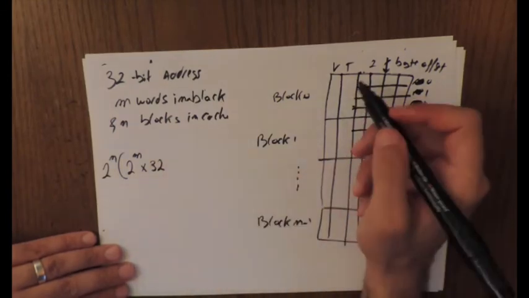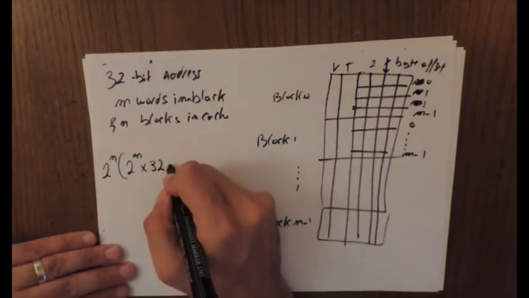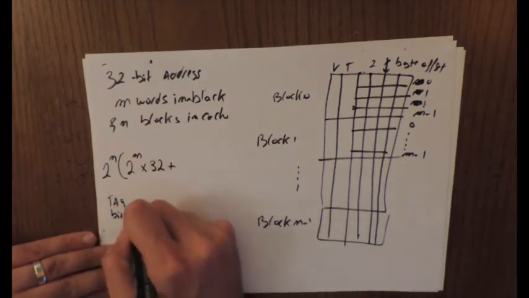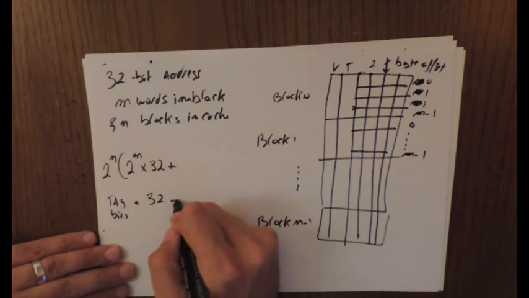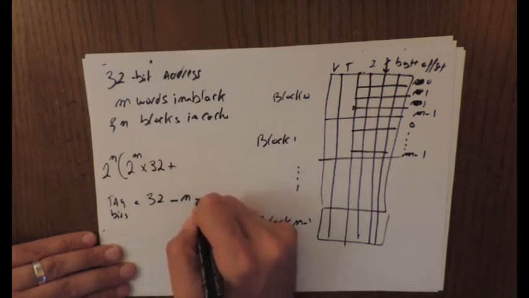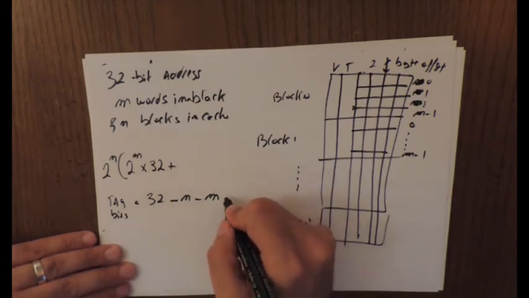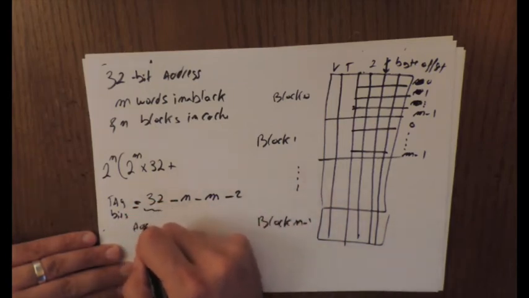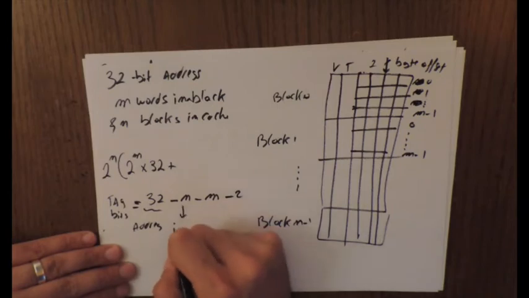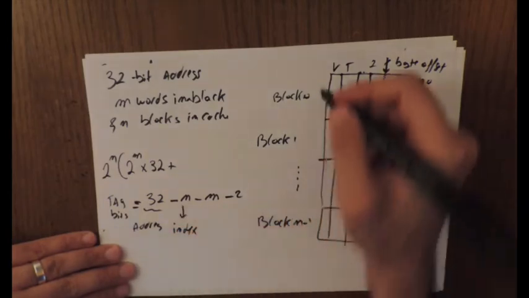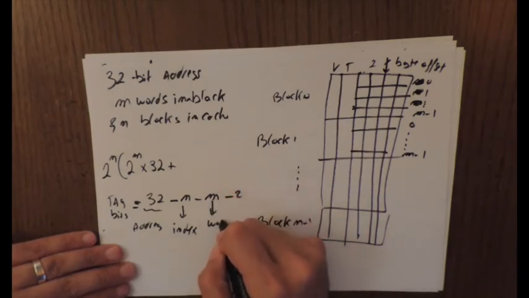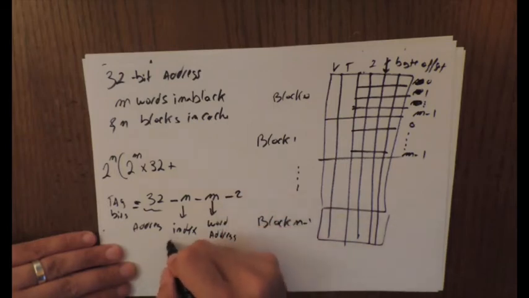And then I have the valid and the tag. So what's the value of the tag bits? Tag bits is actually the address, 32 bits, minus n minus m minus 2. Why is it like this? This is the address, this is called the index, which is the index in the address. This is called the word address, this is the index or block address.